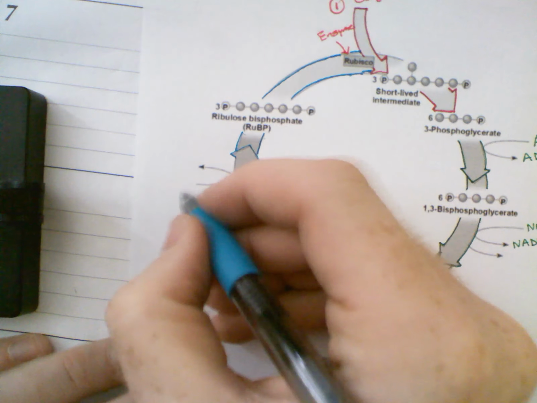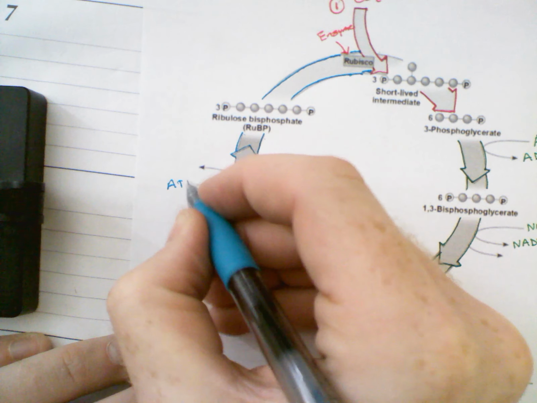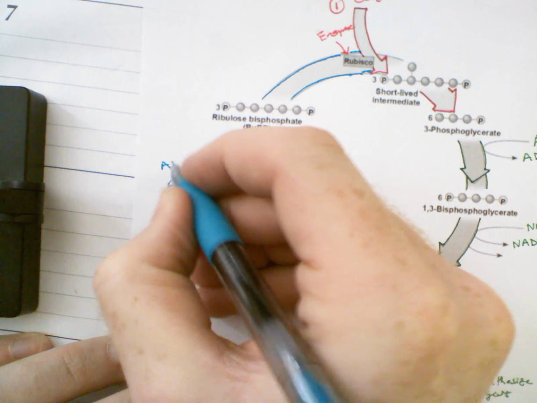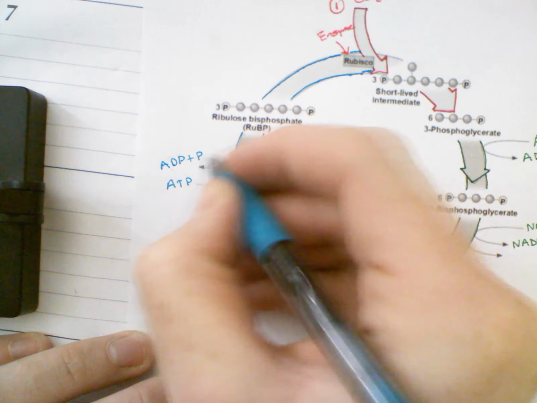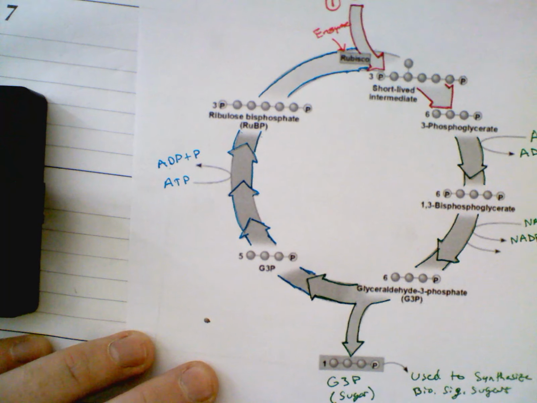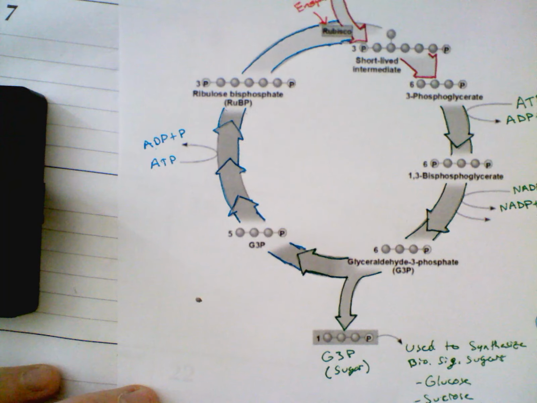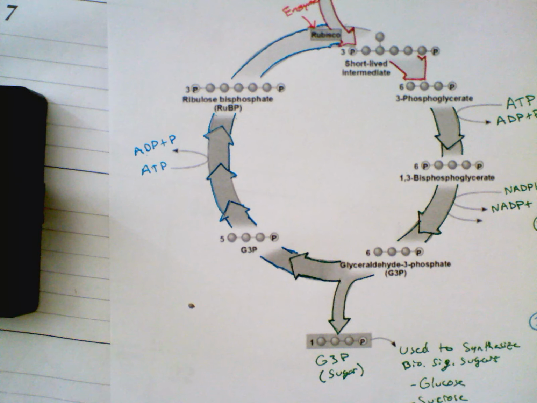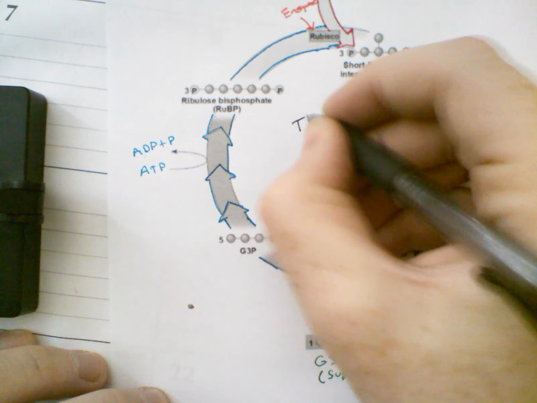The ATP would come in right here and leaves as ADP plus a P. I forgot to put what this thing is actually called. This is the Calvin cycle.